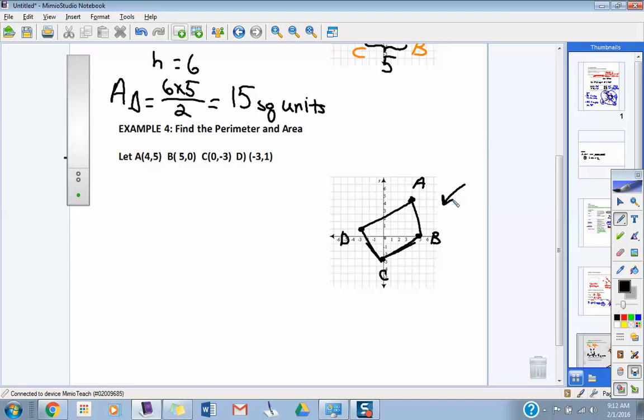Jacob, you got that. Who's doing B to C for me? McKenna, you've got B to C. Make sure you're plugging in the right points up here. Who's got C to D for me? Who will plug in C to D? I need a volunteer, someone different. Karen, will you plug in C to D for me?